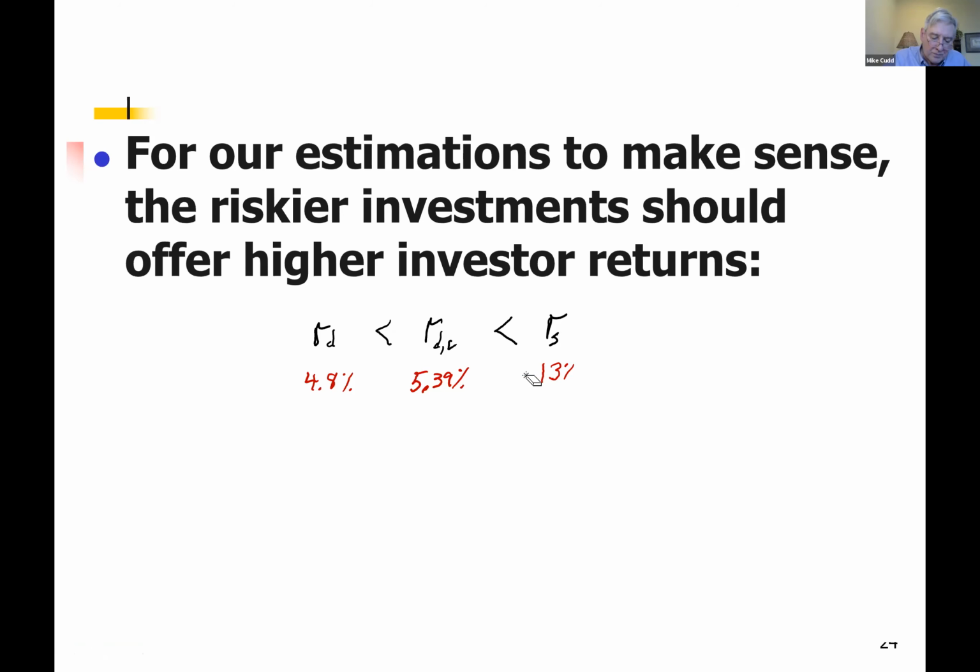Do we have the rational trade-off between risk and return? Yeah. As we go to riskier securities, the return goes up. If it didn't, we'd know we'd made some kind of stupid assumption somewhere. Now, we have two sources of funding for our company.